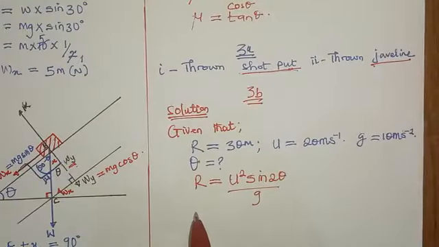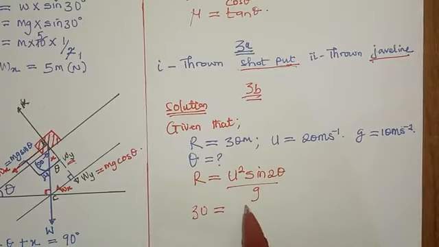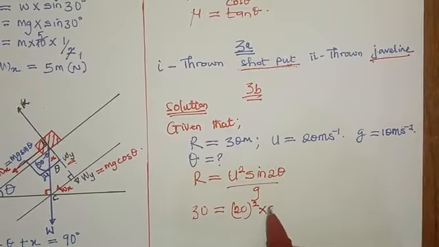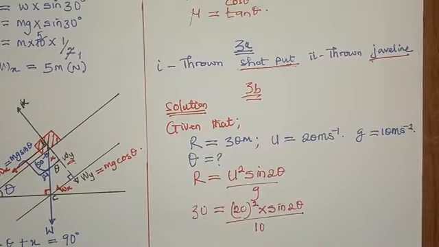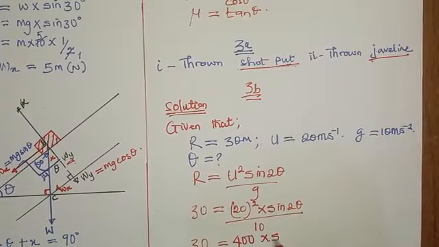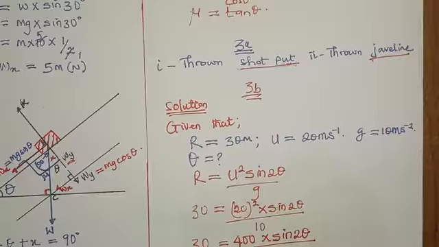So from here, our R is 30, equal to u is said to be 20, squared, multiplied by sine 2 theta, everything divided by 10. So the next thing here is 30 equal to 20 squared, that gives us 400, multiplied by sine 2 theta all over 10.